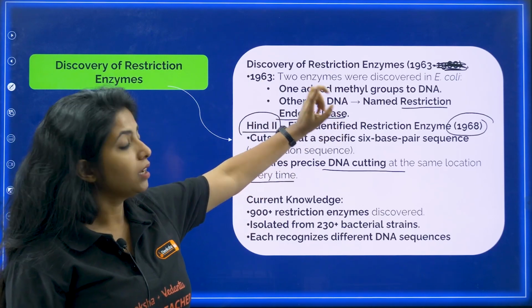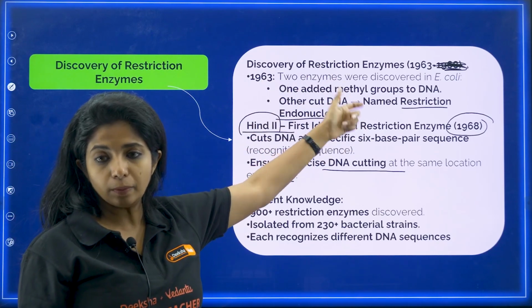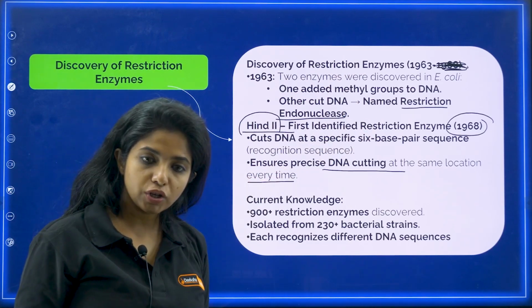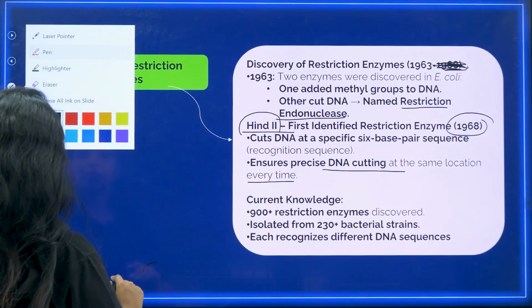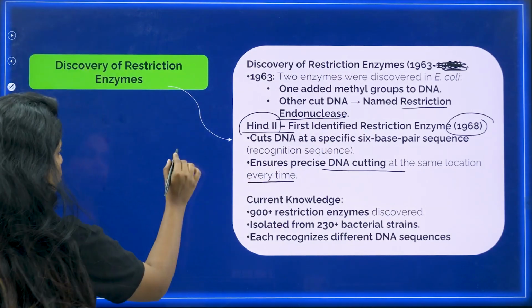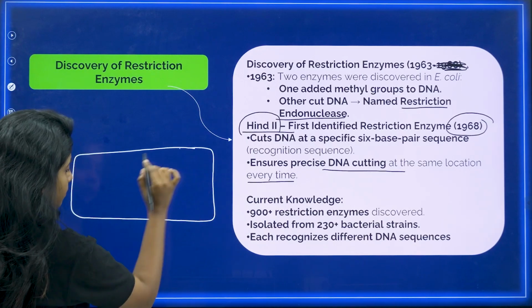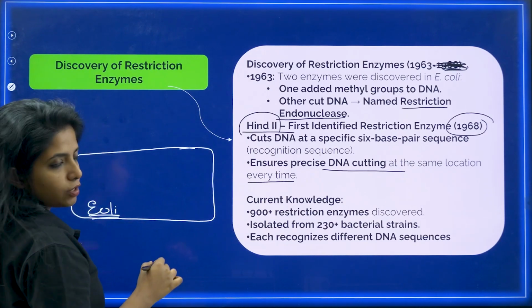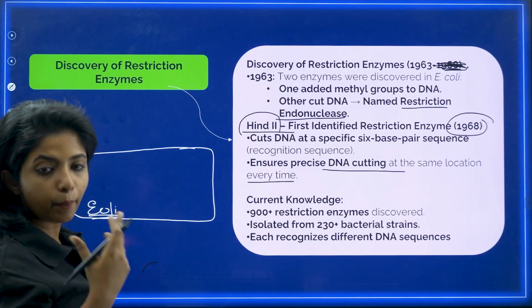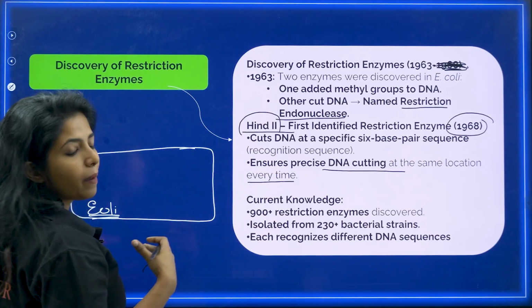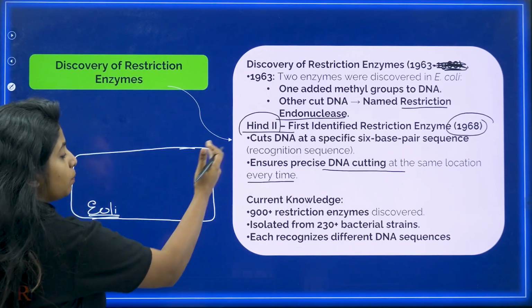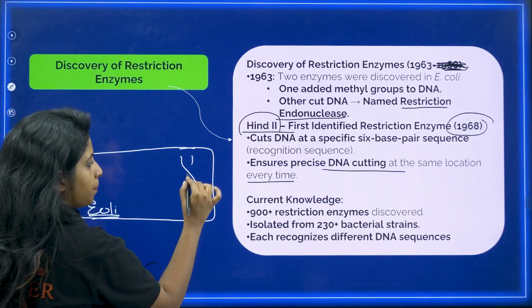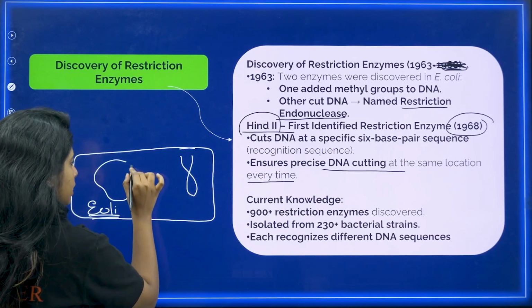And in E. coli, there were 2 enzymes, one that added a methyl group and the other one basically a restriction endonuclease. I'll just tell you a story about this, then you might understand things better. Suppose this is an E. coli. E. coli was affected by a lot of things, for example a bacteriophage. What does the bacteriophage do? It's a virus. It basically inserts its genetic material over here, and it will have its own genetic material.